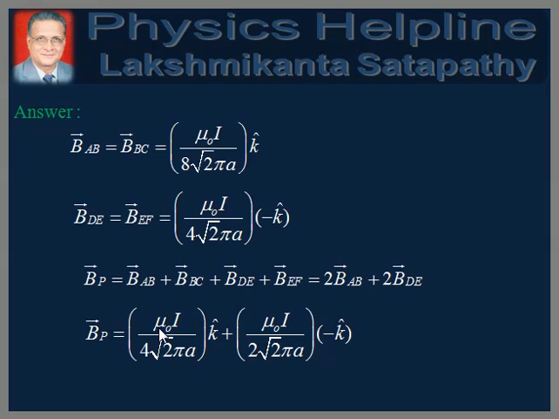Therefore we have mu 0 I by 4 root 2 into pi A into k cap, plus 2 B_DE. B_DE is this, therefore 2 into this is 2 root 2 into pi A and minus k cap. That is what we have written here, mu 0 I by 2 root 2 pi A into minus k cap.